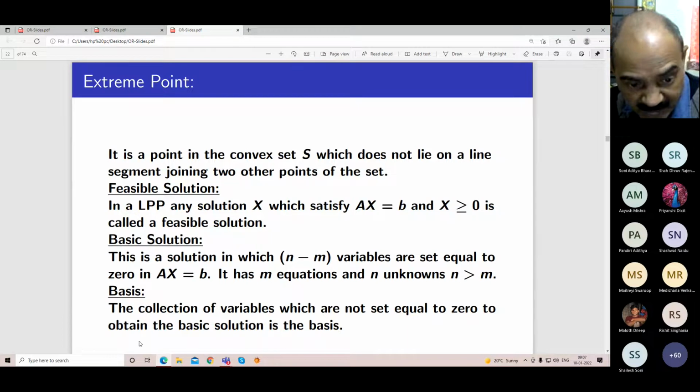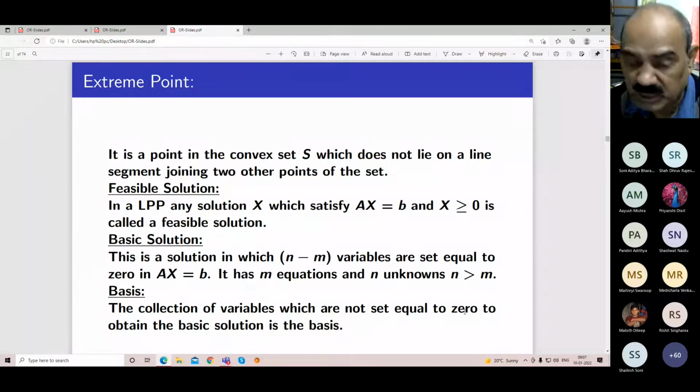The collection of basic variables which are not equal to 0, to obtain the basic solution, is called the basis.